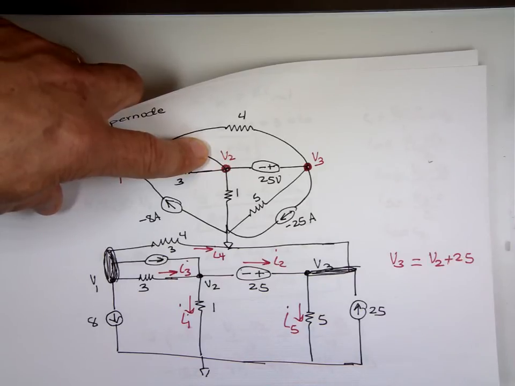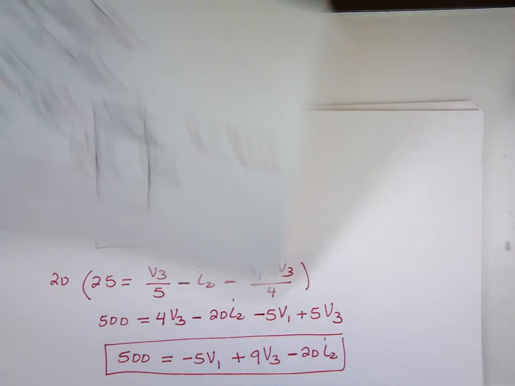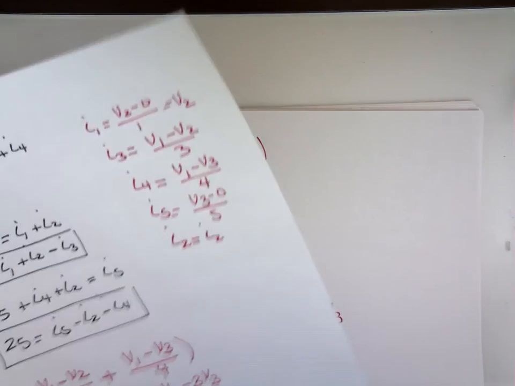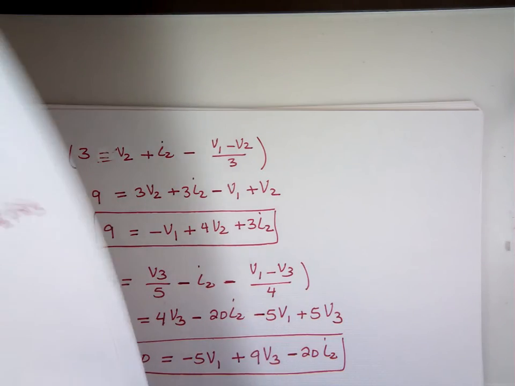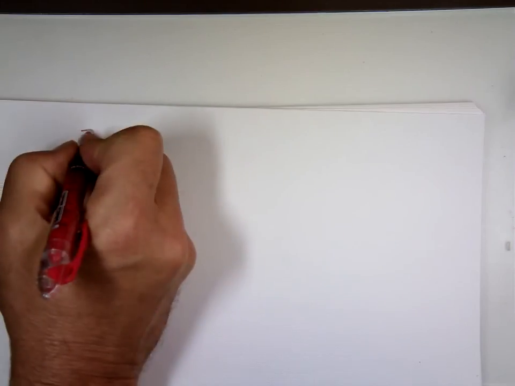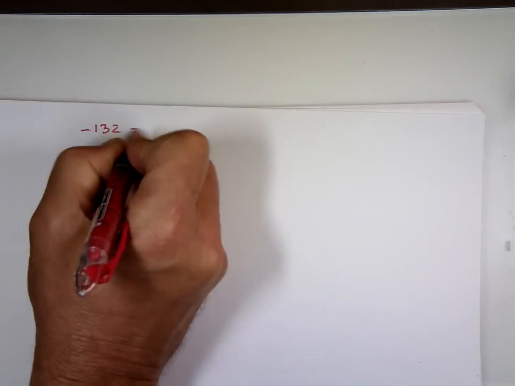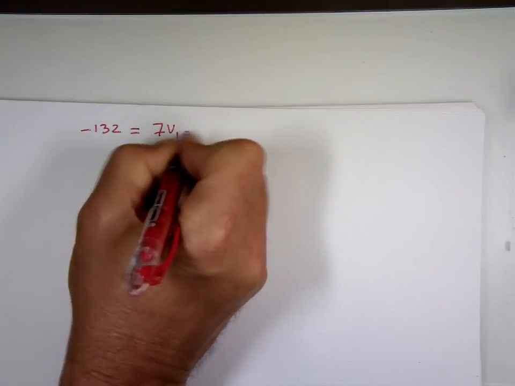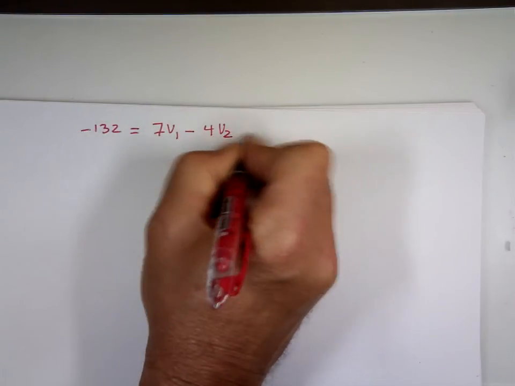So let's go back and plug it into these 3 equations. Let me write these three equations down so I know where I am, because I'm all over now. The first one: negative 132 equals 7V1 minus 4V2 minus 3V3.